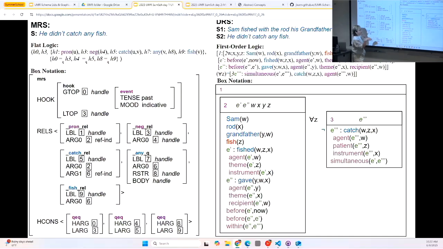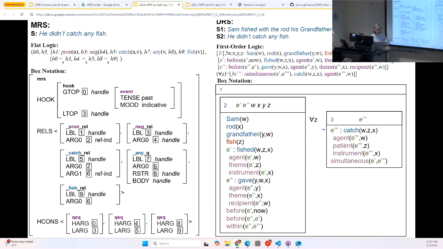So you kind of get an idea of how much each of these representations is taking directly from the sentence. And like here, you'll notice that fished, that's not normalized, it's just an inflected verb. They haven't normalized it at all.